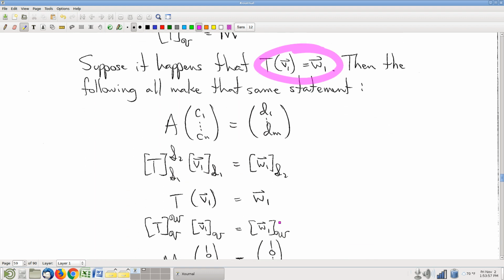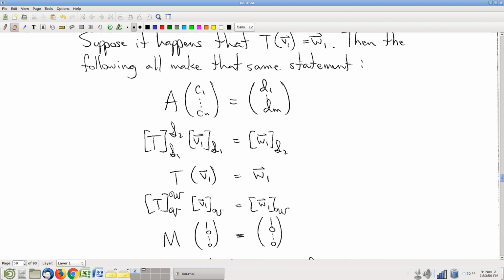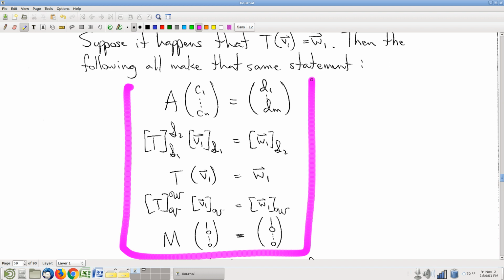Here's the punchline I want you all to get comfortable with, and that is that all 5 of these statements say exactly the same thing. And it's weird that these 5 pretty different looking statements are in fact all identical statements. So that's the purpose of this example, to expose you to this weirdness and then get you to think in terms of how you can recognize this kind of thing.